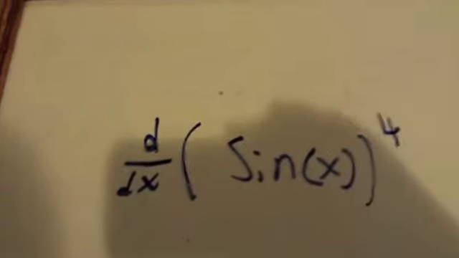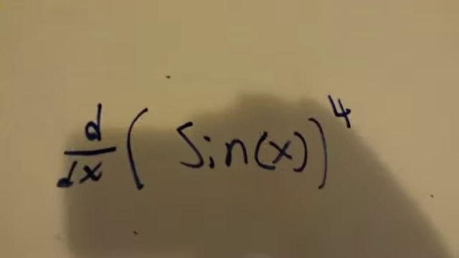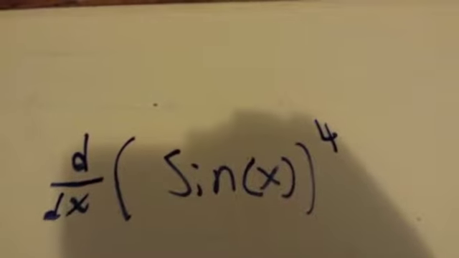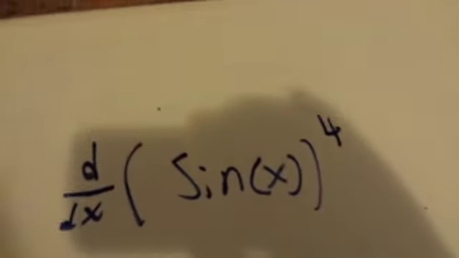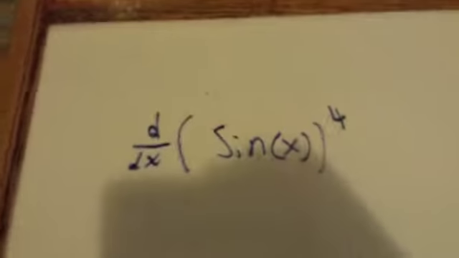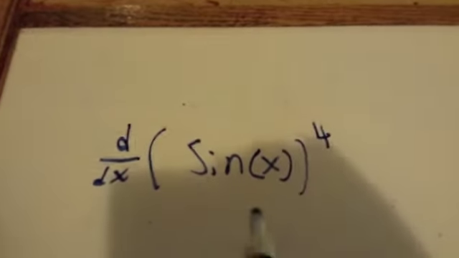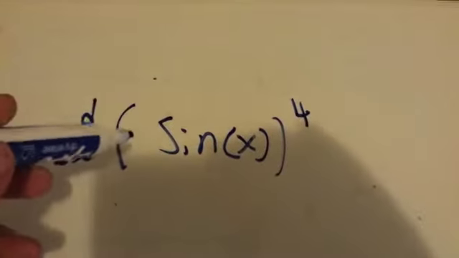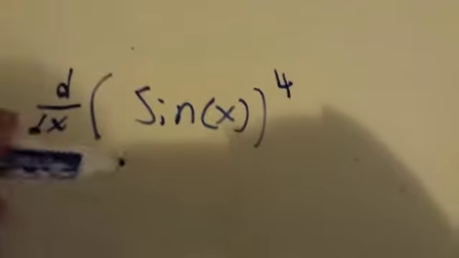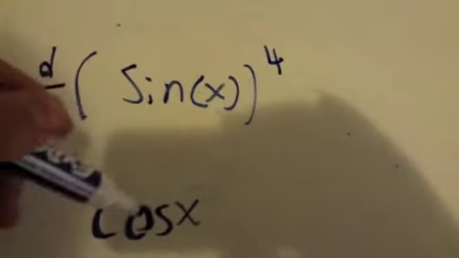So one concept we studied within derivatives was a method for taking the derivative of certain functions called the chain rule. So with this function, you couldn't just use a normal power rule because of the sine x inside of it. So what you need to do with the chain rule is first take the derivative of the inside, which in this case is cosine x, right?